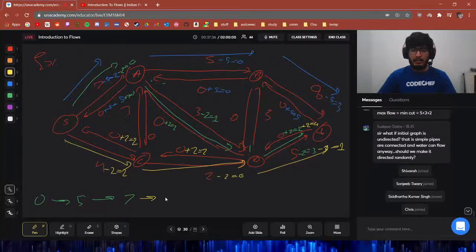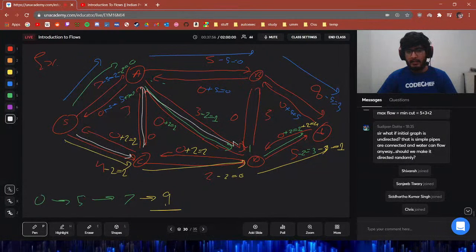So the current flow is 9, right? But we can add one more flow. Already 3 rounds have completed. The last flow that we are going to add is going to go from here, because there is still 2 remaining here. It is going to go from here, then from here, and lastly from here, right?